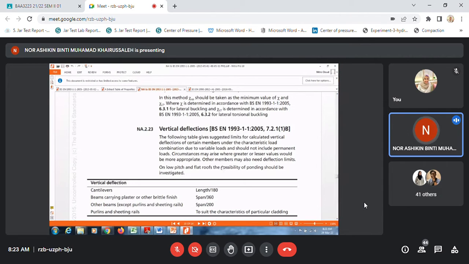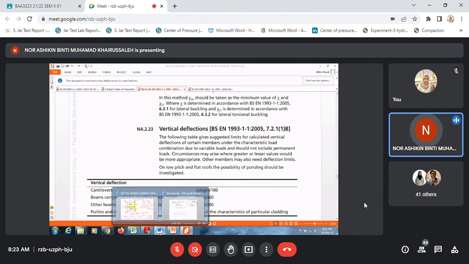Okay, if you look at this standard, it says here the following table gives suggested limit for calculated vertical deflection under the characteristic load combination due to variable load and should not include permanent loads. Okay, the code already tells you that when you want to find the maximum deflection, you must do the combination of the variable loads but not include permanent load.